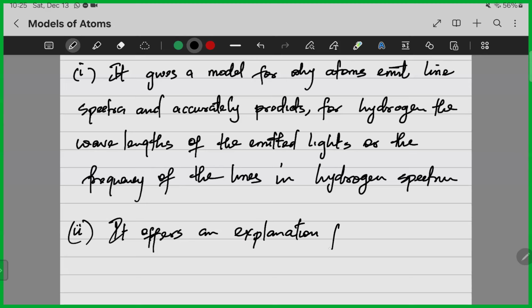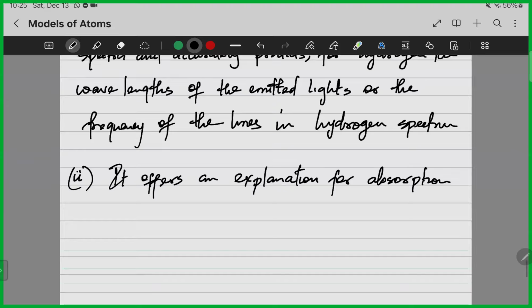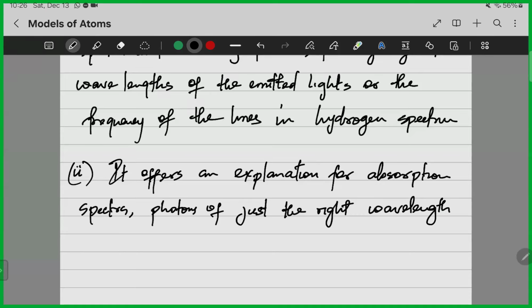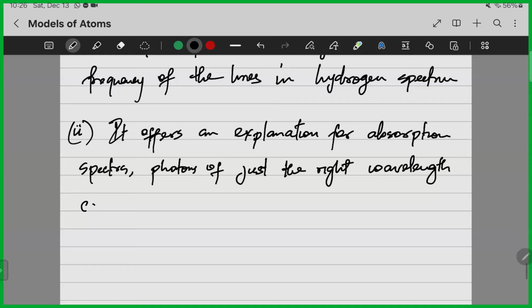It offers an explanation for absorption spectra: photons of just the right wavelength knock up an electron from one energy level to a higher one.